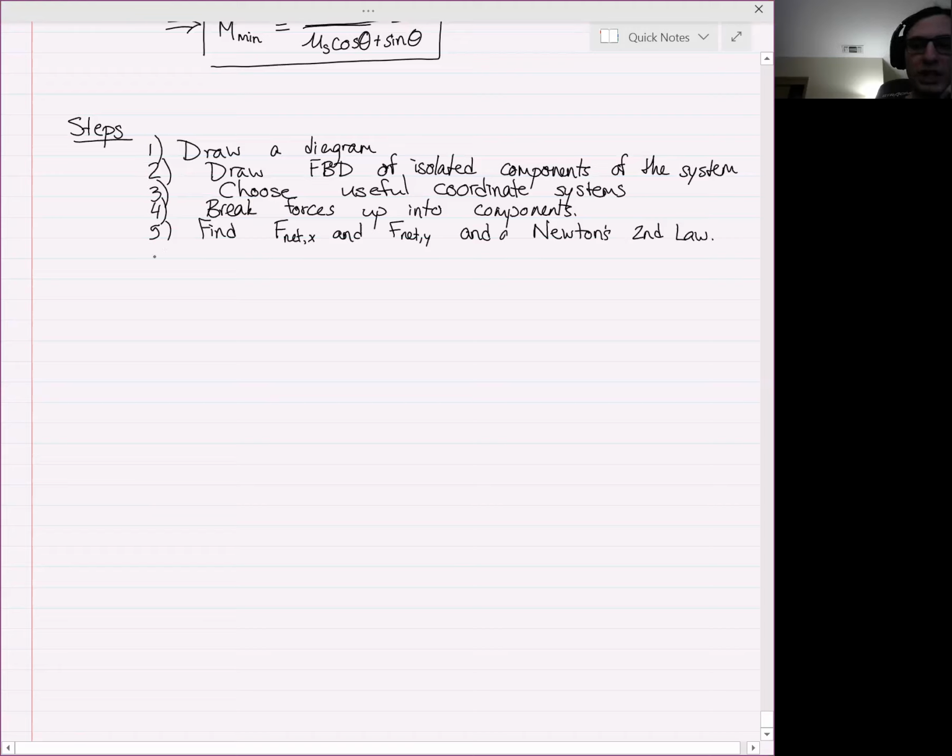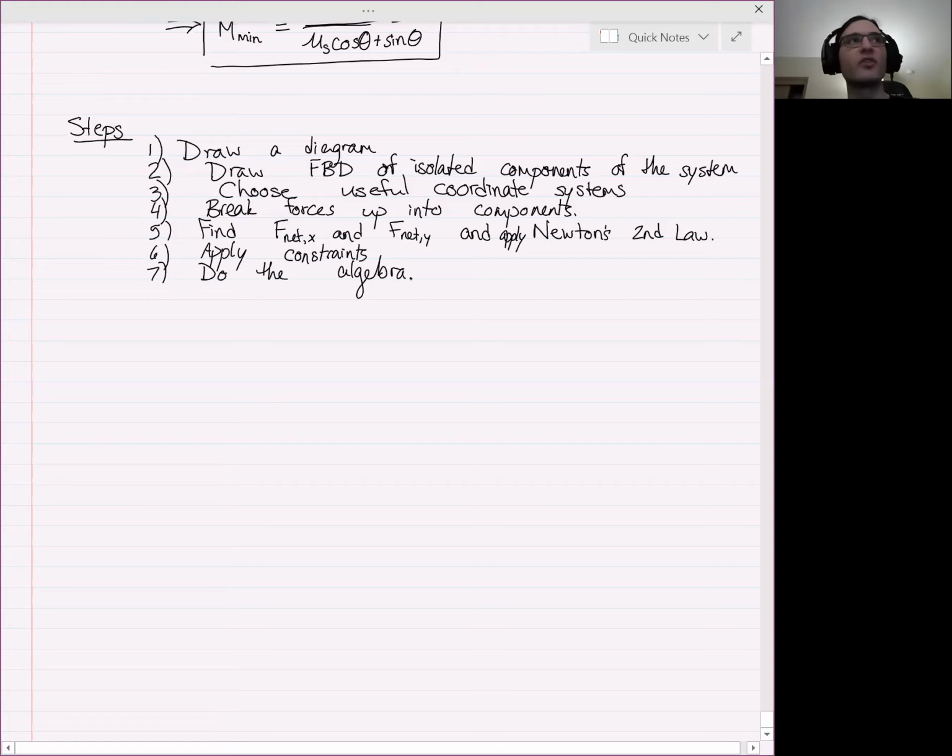Sixth step, apply any constraints that you might have. Remember, constraints are just equations that you get that are not related to Newton's laws. And then 7 is do the algebra. Sometimes not all of these steps will apply, but these are useful steps in general.